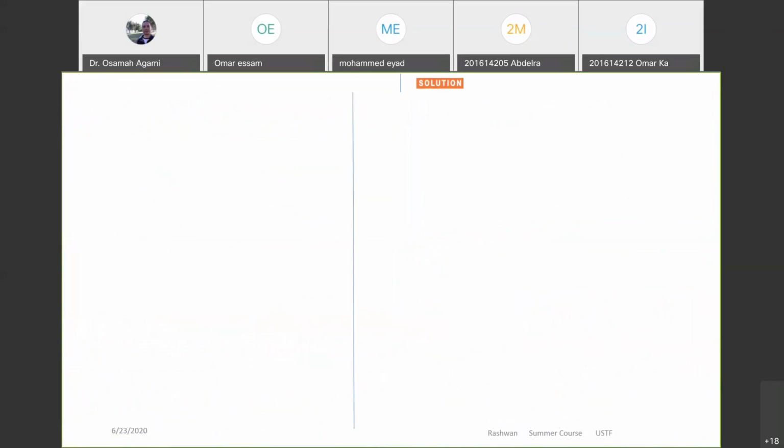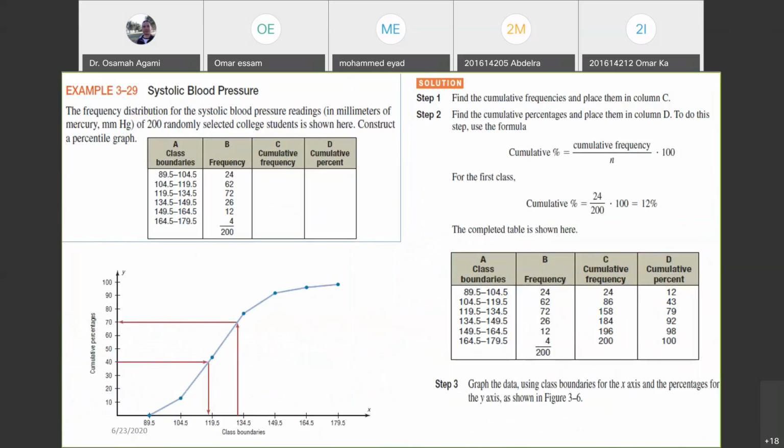To the cumulative relative polygon or to the Ogive. So again, if you know the percentage and you would like to find the value at 40%, you go straight to hit the cumulative relative polygon or the Ogive and go down to know the value at this position, right?